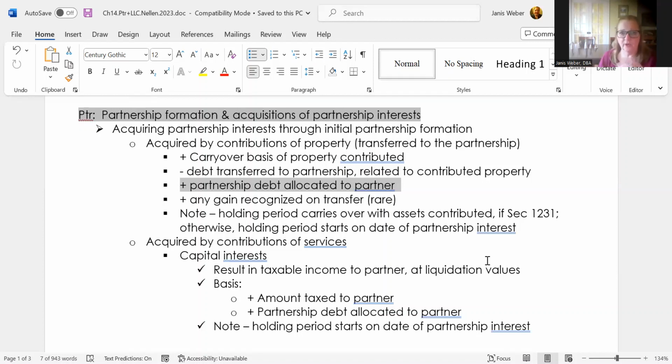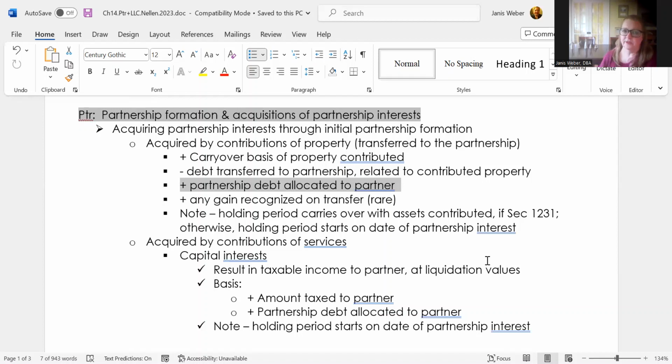But at this point we had 80,000 net for the building and the loan that we transferred in, plus a $30,000 debt we assumed that belonged to the partnership, but we agreed to take responsibility for in case there was a default or something. So we're at 110,000 in basis. And if we didn't have any gain when we made the transfer in, then we would not have to include anything for that. So we would be at 110,000 for our basis.